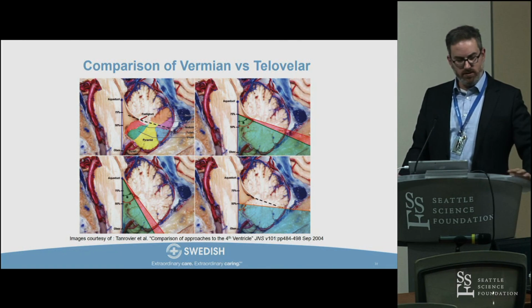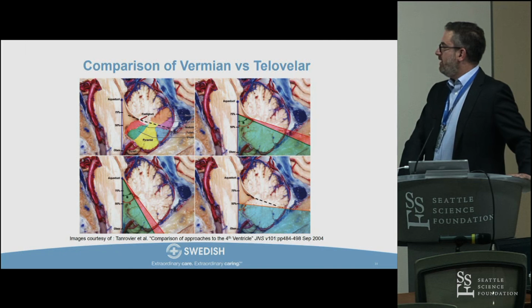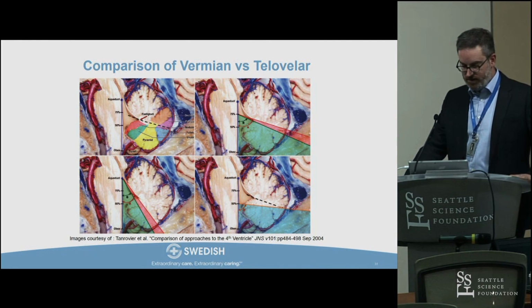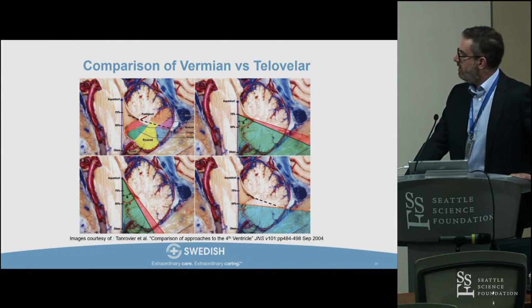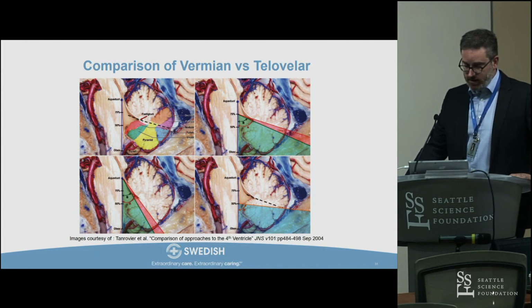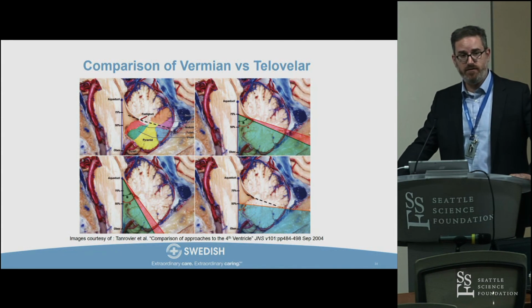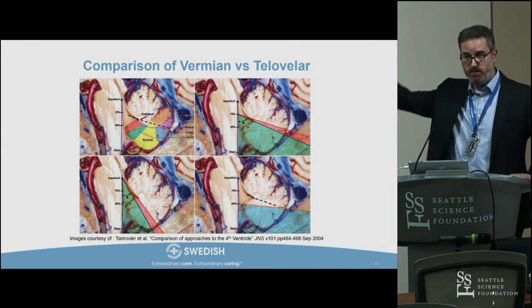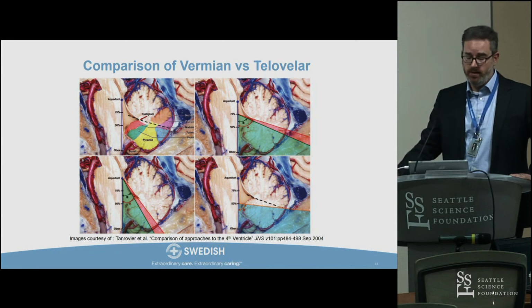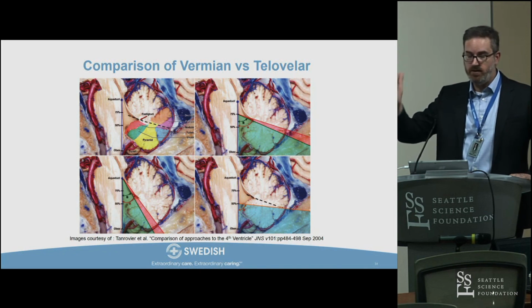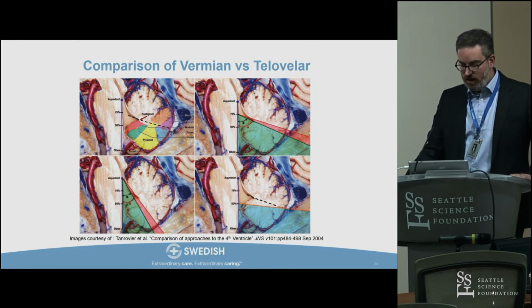transvermian. This is an anatomic study, again out of Rhoton's lab. Tanriover was one of his fellows at one point, comparing the trajectory of approach. Basically, there's no difference in what you can reach when you go transvermian versus telovelar in terms of craniocaudal. When you go telovelar, you can reach further laterally than you can with a transvermian approach.